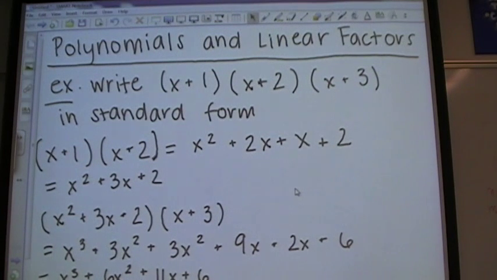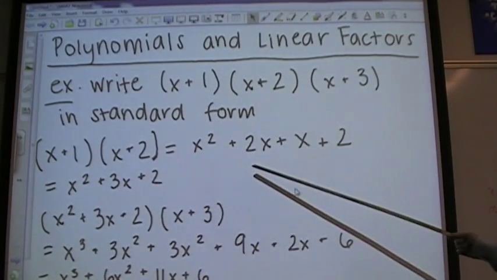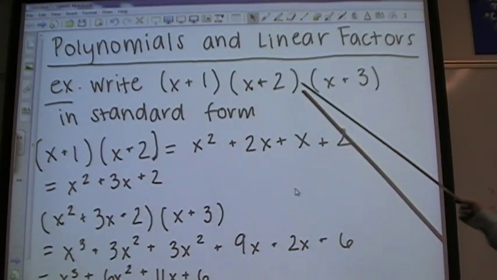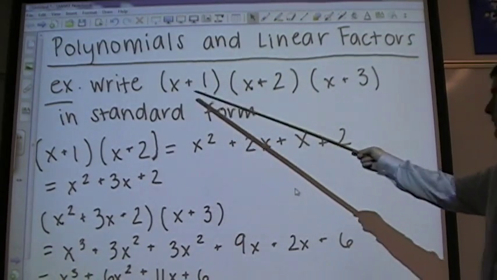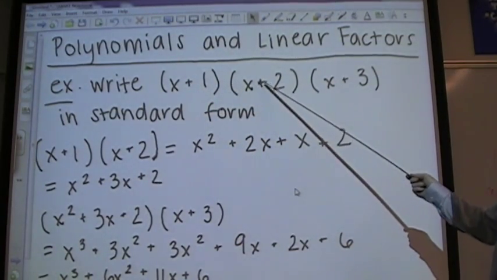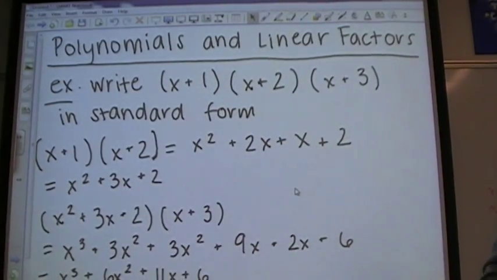form to factored form. When you write it from factored form to standard form, you have to multiply all this out. It does not matter the order that you multiply. I started out multiplying the first two. You could have multiplied the last two. Does not matter.